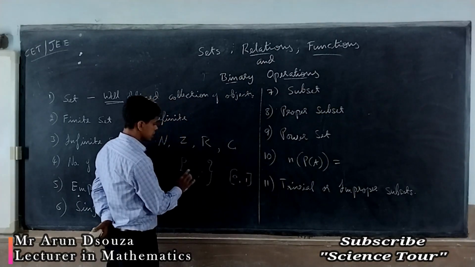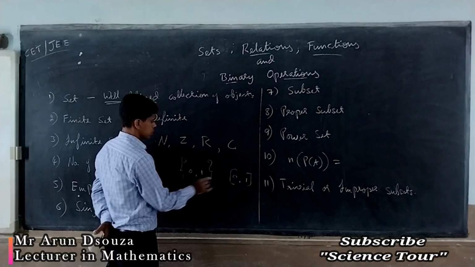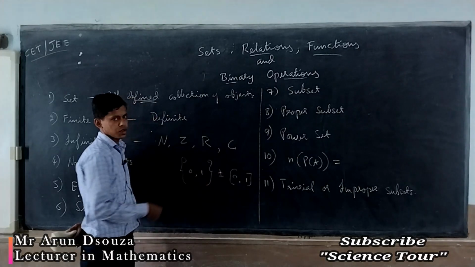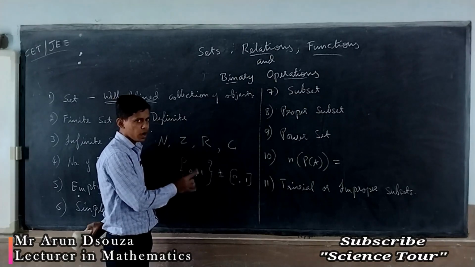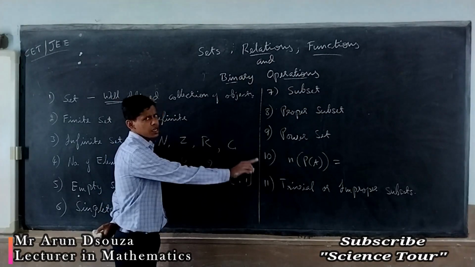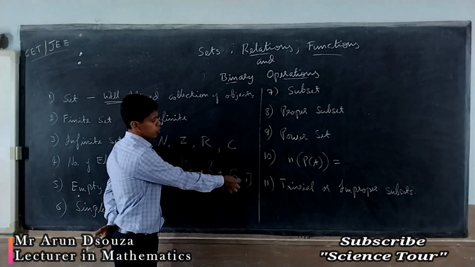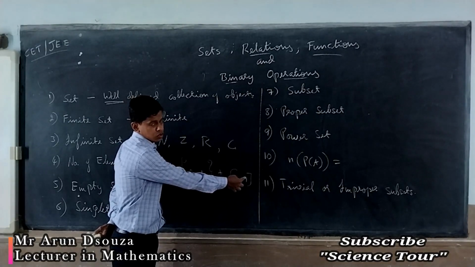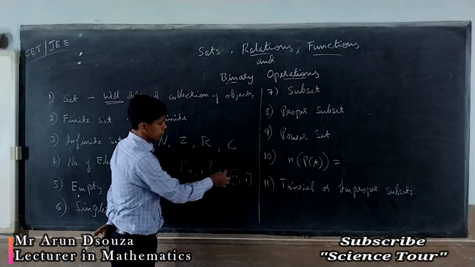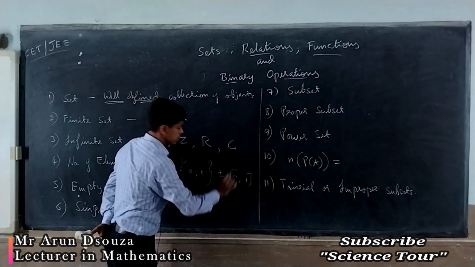It does not mean that it is {0, 1}. These are not the same. Here you have only two integers, 0 and 1. Here you have all the real numbers between 0 and 1: 0.1, 0.2, 0.01, 0.001, 0.0001, everything is there. And 0 is included, 1 is included.